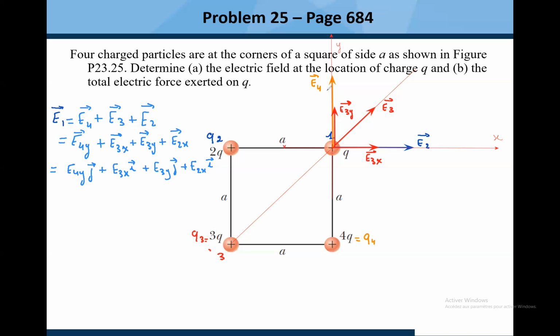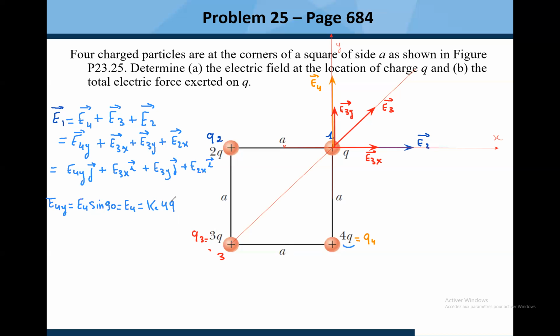You see well, E4y equals E4 sine 90, equals E4, equals K, Coulomb constant, times the absolute value of Q4, which is 4Q.